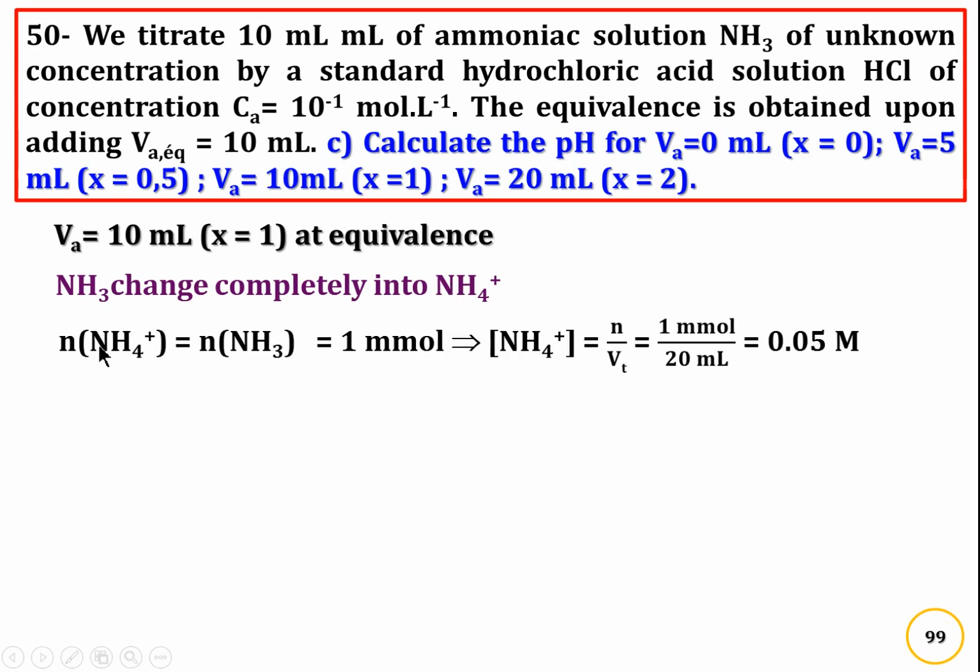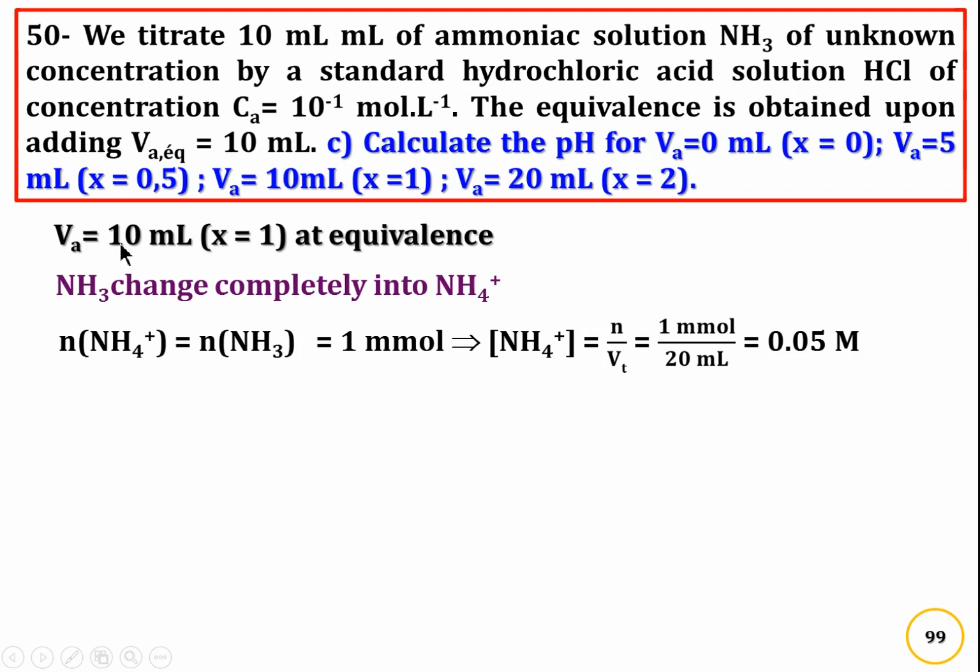The number of moles of NH4 plus at Ve, at the equivalence point, is equal to the number of moles of NH3 initial, which is 1 millimole. So the concentration of NH4 plus at V equivalence is equal to the number of moles divided by V total, equal 1 divided by V total.